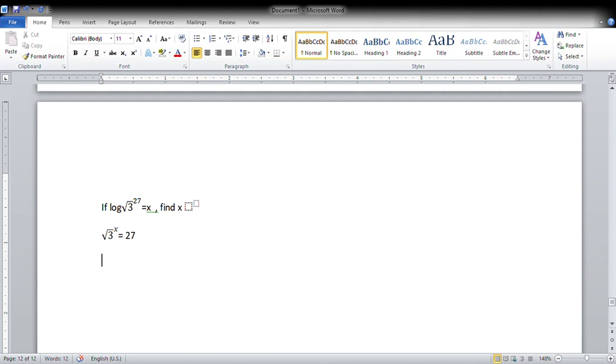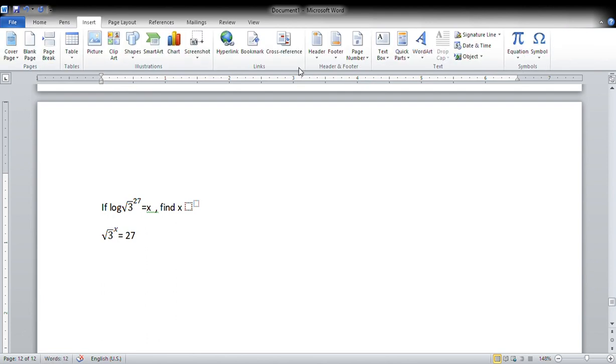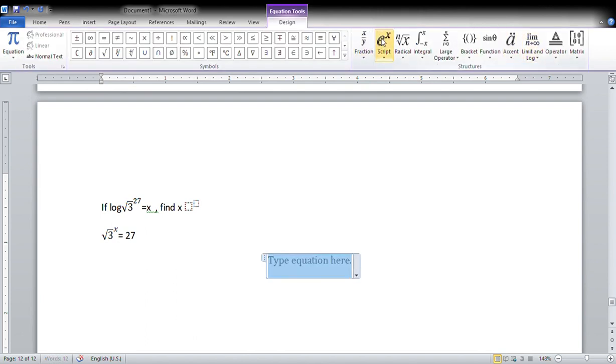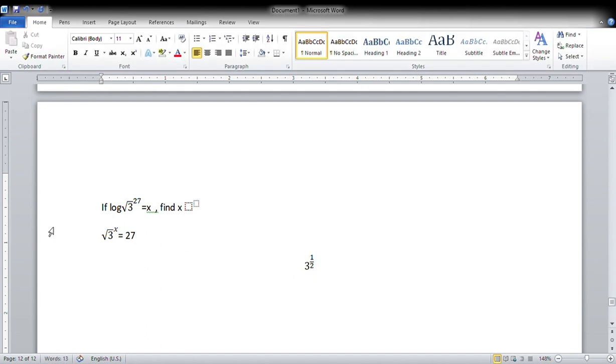Any number which is under a root, we can write its power as 1 by 2. So root 3 is 3 to the power 1 by 2, and therefore 3 to the power 1 by 2, all to the power x, is equal to 27.